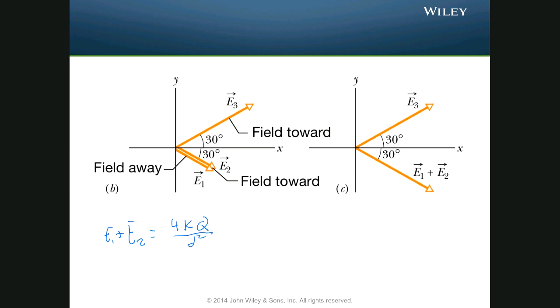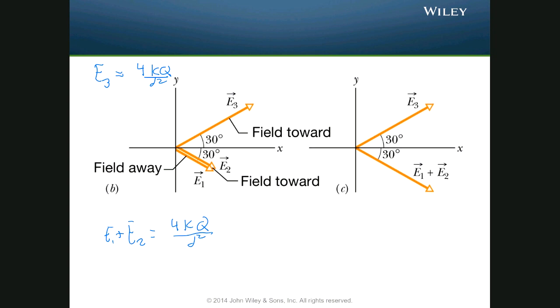All right. So now we have that, but now we want to find the net field. So we have E1 plus E2 and E3. And we'll notice something interesting here. E3, right, is equal to 4KQ over D squared as well. So that's rather interesting, right? However, you want to notice something here. It's not as simple as just adding them together again.